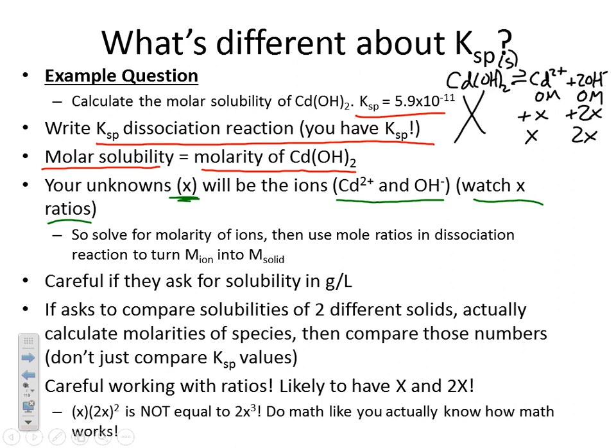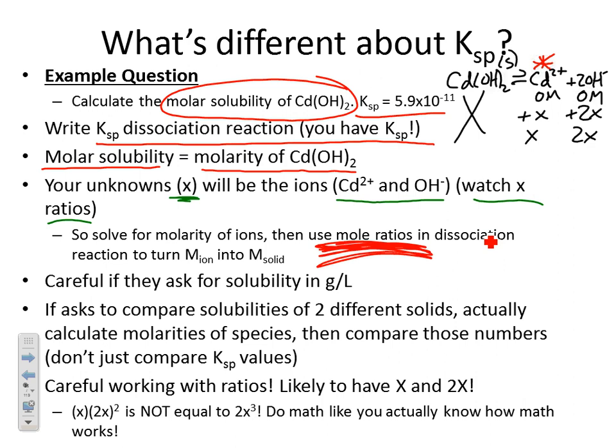Now, if we want to get the molar solubility of cadmium hydroxide from a problem like this, you solve for the value of x. In this case, x is going to be the concentration of the cadmium. But then you use mole ratios.